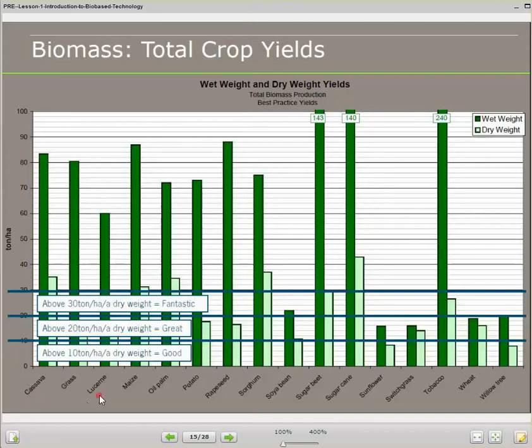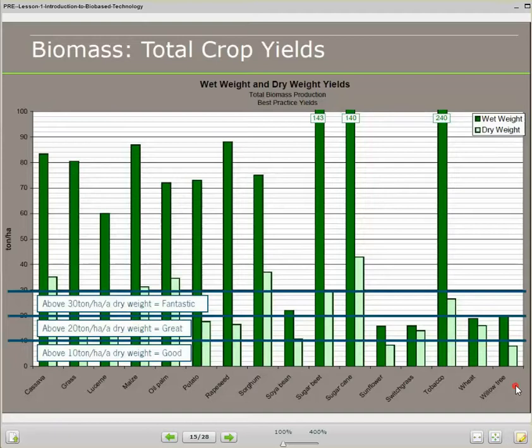Grasses, lucerne, maize, oil palm, which is a very large product in Southeast Asia, potatoes, rapeseed, which is very common in Europe, sorghum, soya beans, sugar beets, again a very European product, sugarcane, which is more South American, but also Southeast Asian, sunflower, a European product, switchgrass, tobacco, wheat, and willow tree. These are just a few of the many products that you can use.